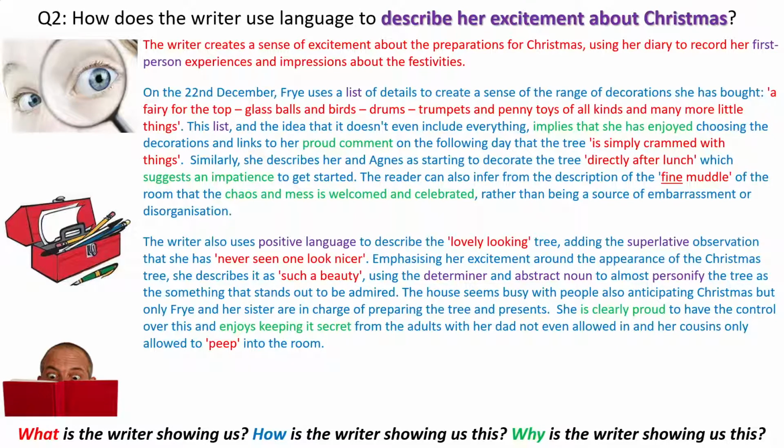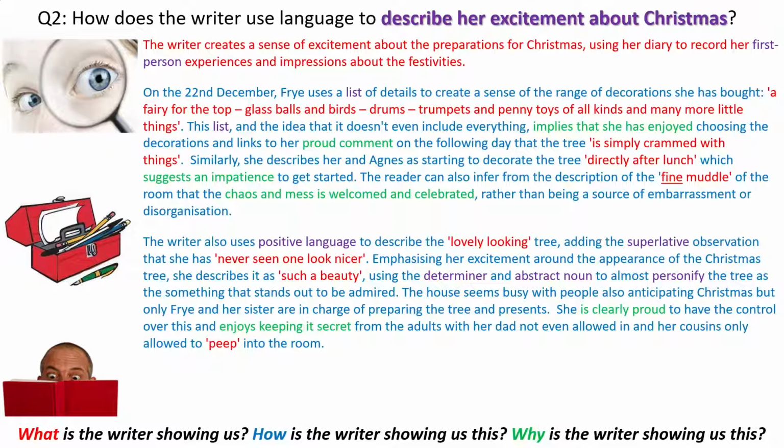The house seems busy with people, also anticipating Christmas, but only Fry and her sister are in charge of preparing the tree and presents. She is clearly proud to have the control over this and enjoys keeping it secret from the adults, with her dad not even allowed in and her cousins only allowed to peep into the room.